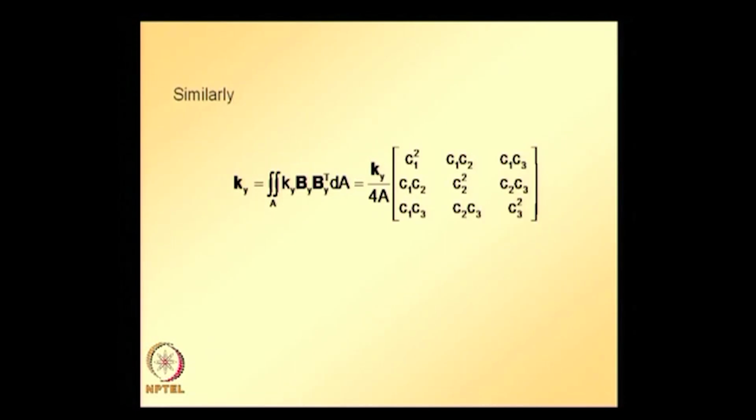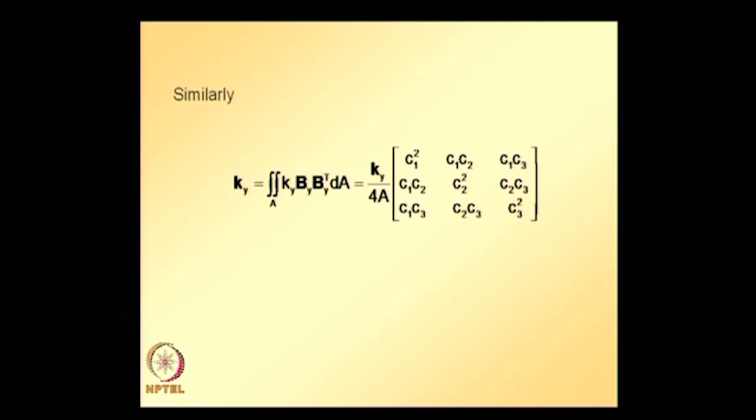Substituting all that information and simplifying this integral, adopting a procedure similar to the previous case of kx, we get ky in a closed form.